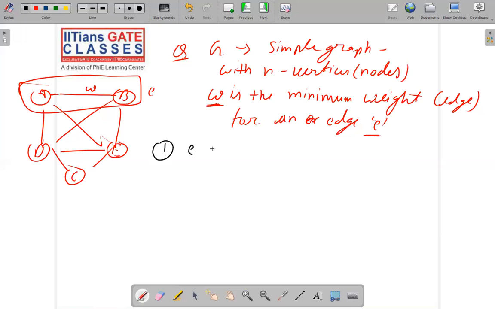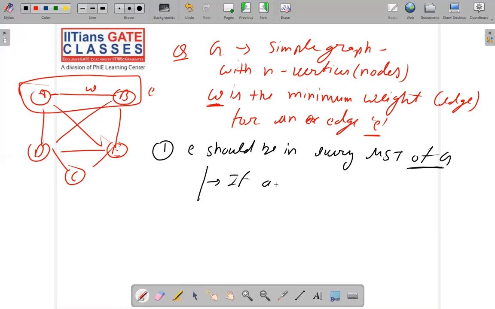E should be in every MST of G. Should it always be true? It is true once all the edge weights are distinct. If all the edge weights are distinct, let's consider Kruskal's algorithm here.